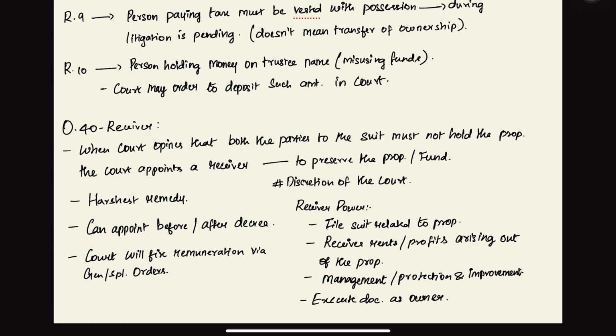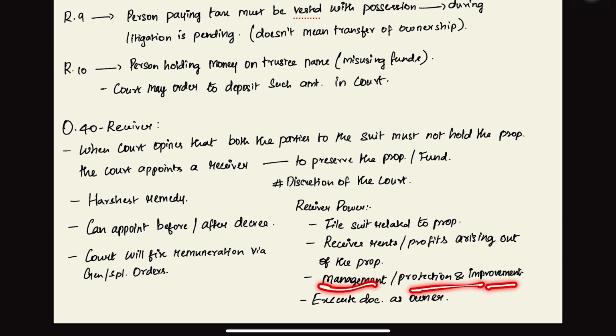The court can appoint a receiver before a decree or even after a decree. The court will fix the remuneration, and it will be fixed via general or special orders issued by the court. The receiver can file a suit relating to the property to which he is entrusted, and the receiver collects the rents and profits arising out of such property.